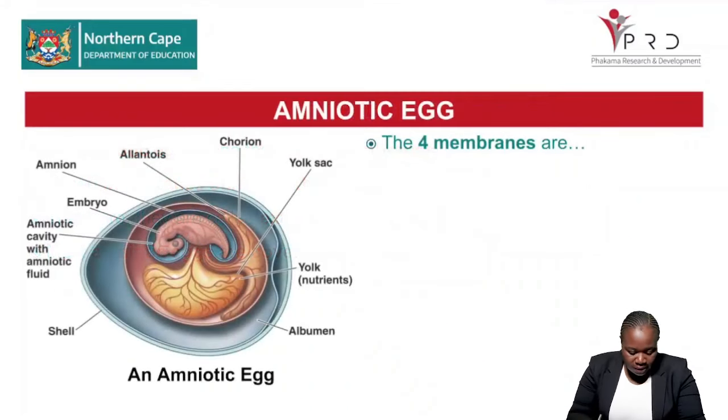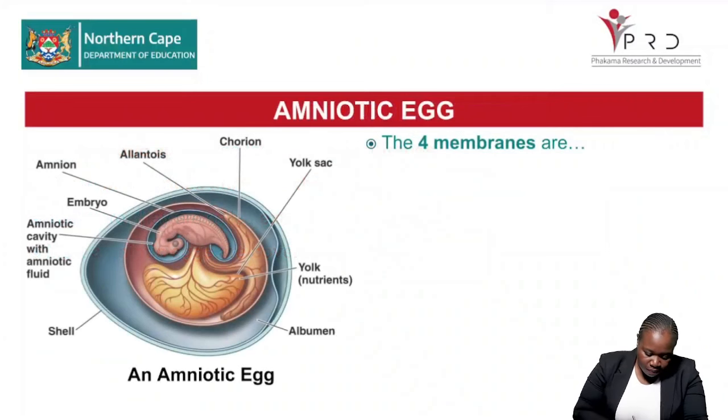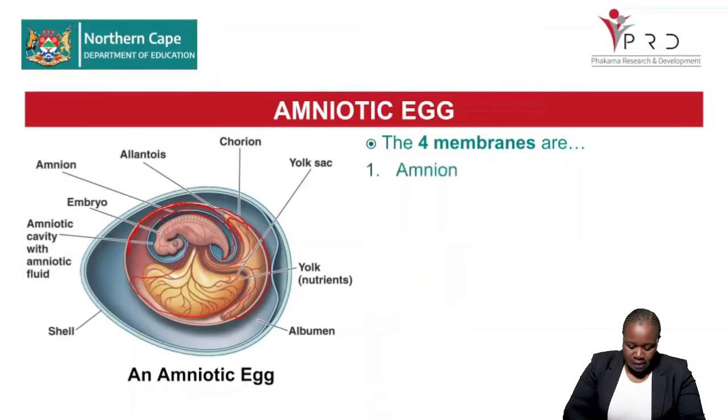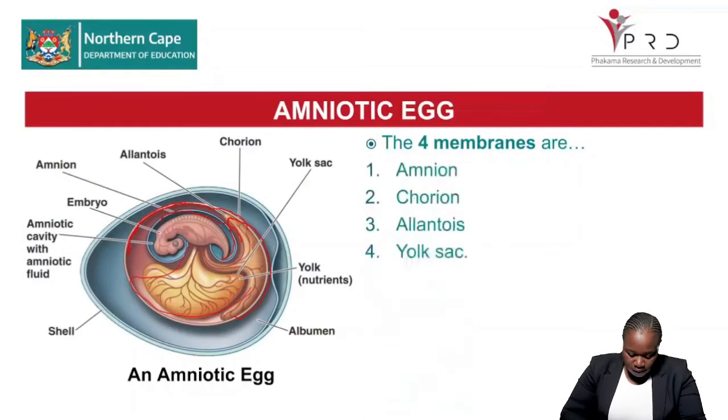The four membranes are the amnion, as we can see over here, then the chorion on the outside, then the allantois, and the yolk sac. Amnion, chorion, allantois, as well as the yolk sac.